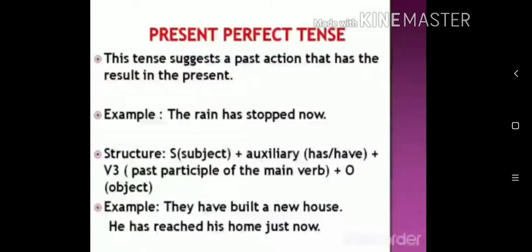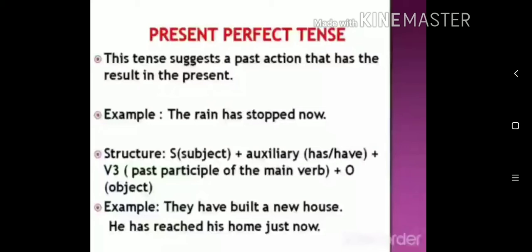Present perfect tense. This tense suggests a past action that has the result in the present. Example: the rain has stopped now. The structure of present perfect tense is subject plus auxiliary has, have, plus past participle of the main verb and object.